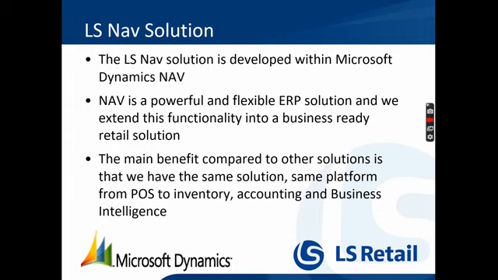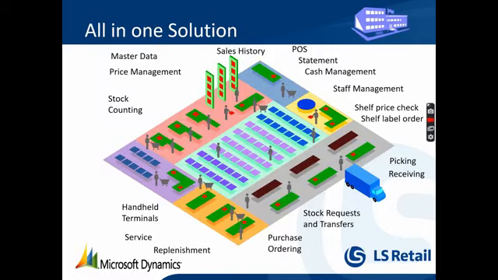It's very good for franchising and retail chain management. It's an all-in-one solution. It starts with master data and does your price management for different stores. It can manage the different store pricing structures, distribute items from your head office to your stores, and distribute different items. So you can manage the differences between the stores, the price differences, and the retail item differences.